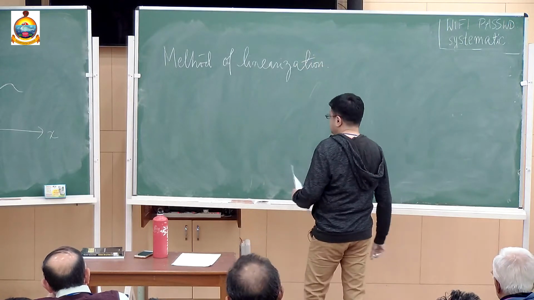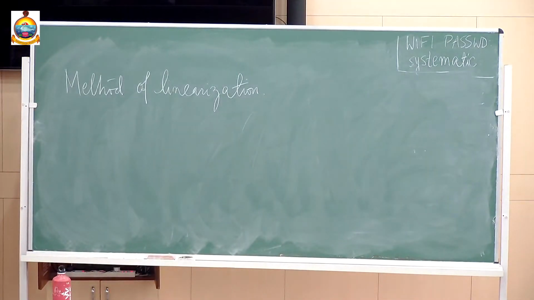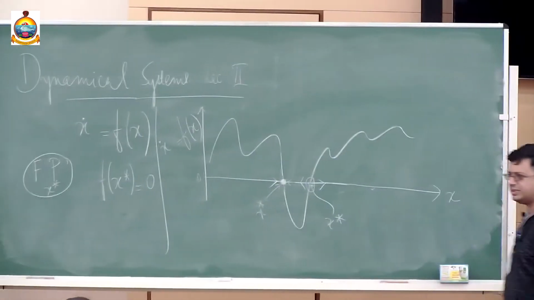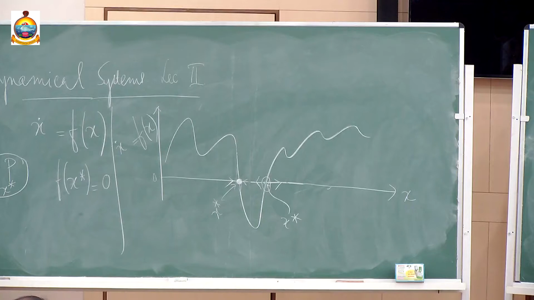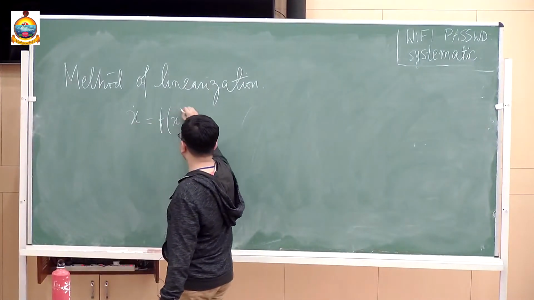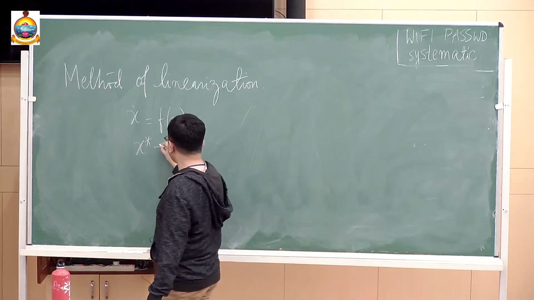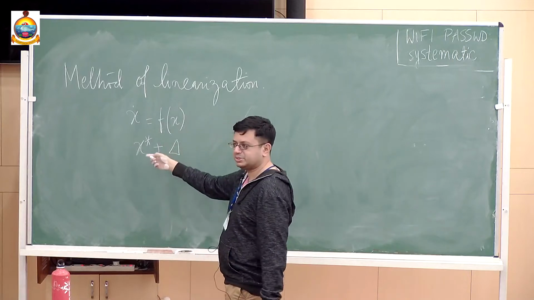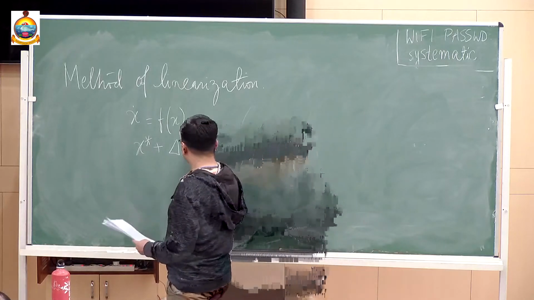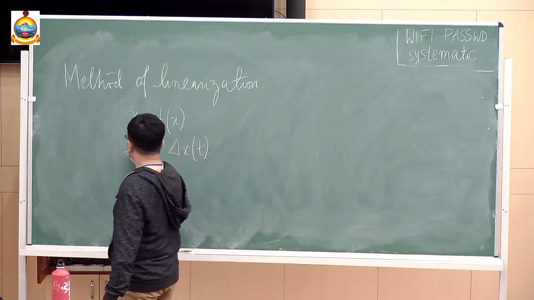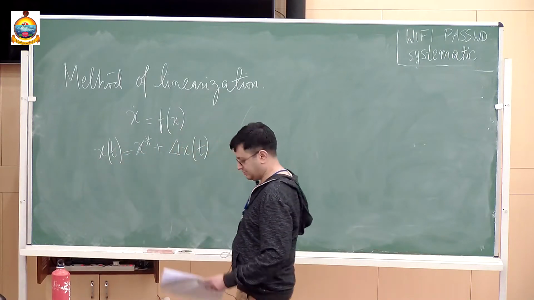In one dimension it's very simple. Remember how I argued: I take a point which is slightly to the right of x star or slightly to the left of x star, and I ask where the point is going to get to as time goes by. So I have this equation x dot is equal to f of x, and I know that there is a fixed point at x star. What I do is add a small perturbation, a small fluctuation. I start from a point slightly away from x star. In my notation it's delta x of t. So this is my x of t, and I want to know how this x of t behaves as a function of time.